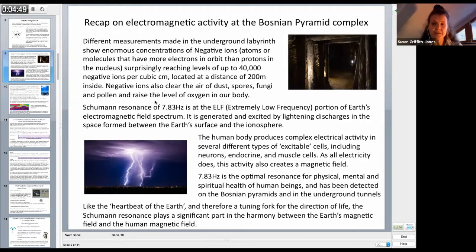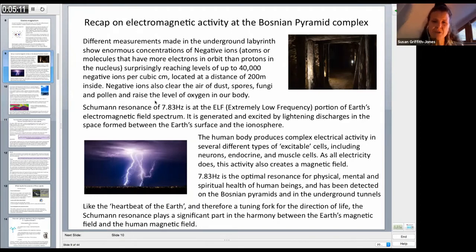In fact, the levels there reach up to 40,000 negative ions per cubic centimeter, which is just phenomenal. If you go to a really healthy, natural place, like a forest or next to a river, you'll find levels of between 4 and say 6,000 negative ions per cubic centimeter.